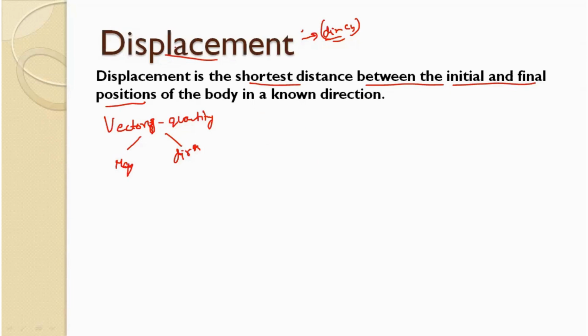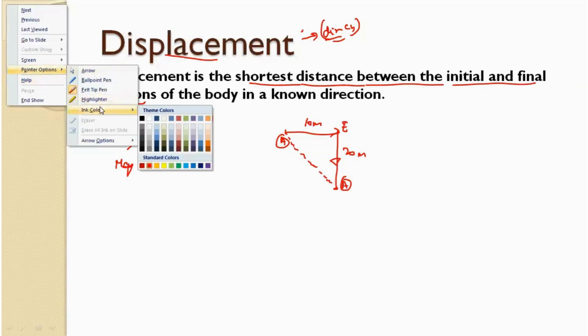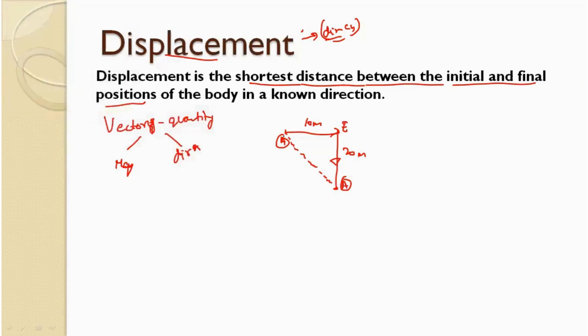So displacement is basically the shortest distance between initial and final position. In the previous example, if A travels 10 meter towards the east direction, and then 20 meter in the south direction, the shortest distance runs from the initial position to the final position. I can say that the displacement is this distance.